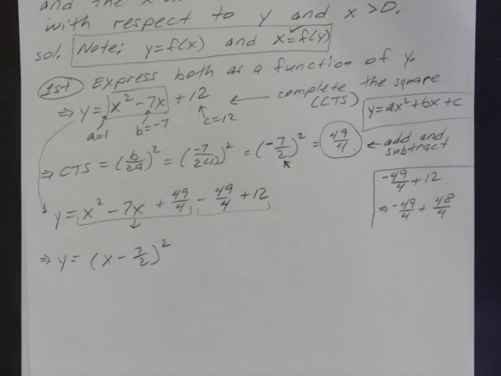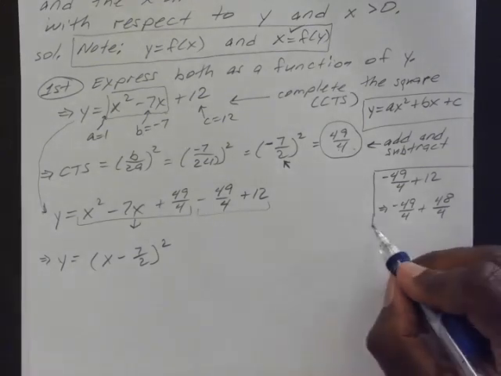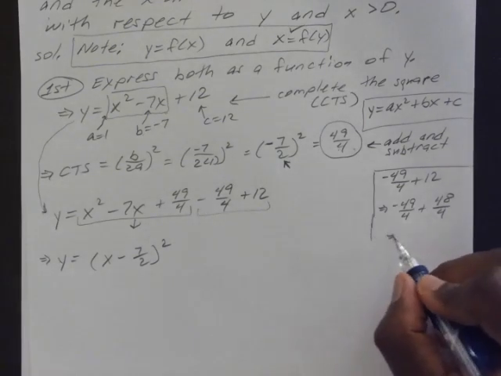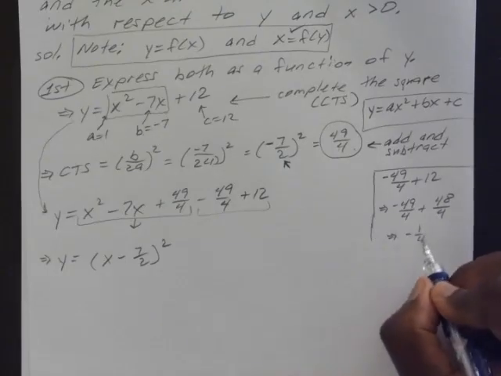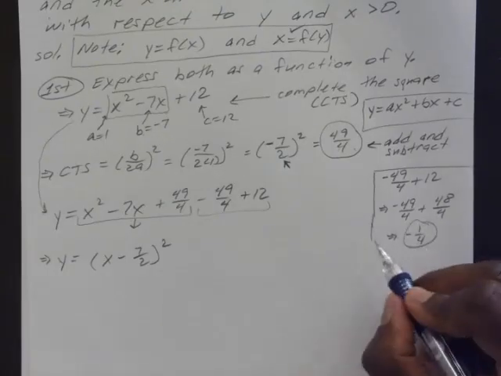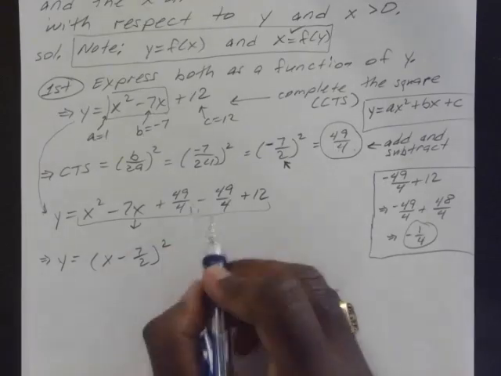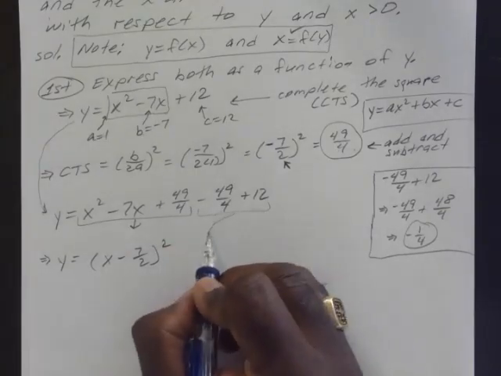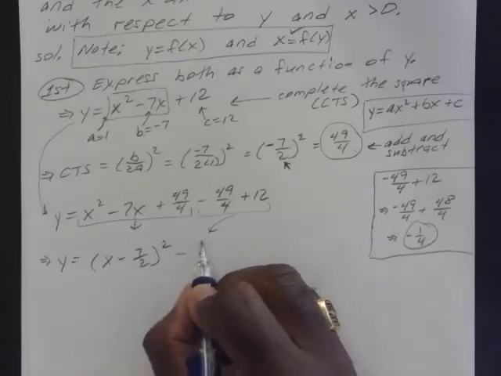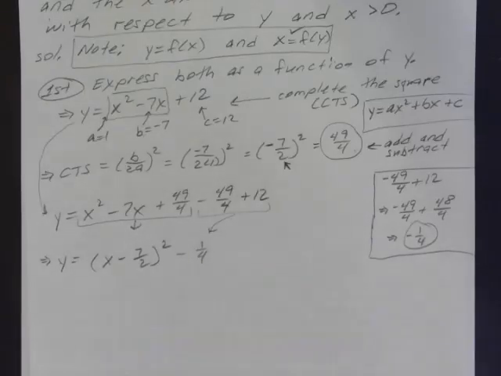So if we add those together, we just have -1/4. Okay, so these two terms just give us -1/4.